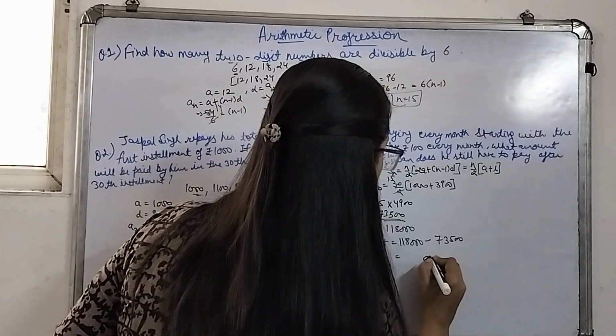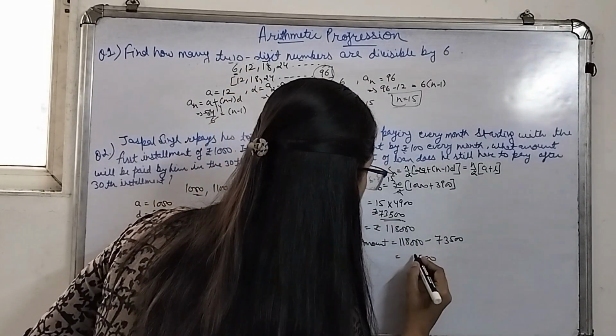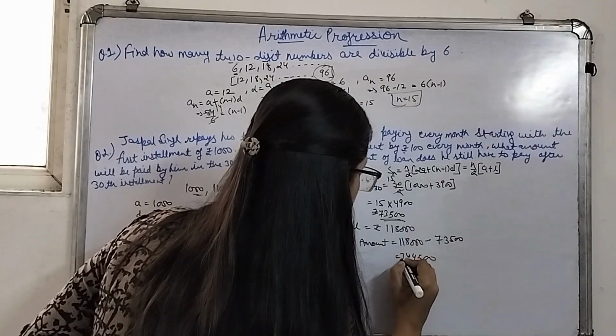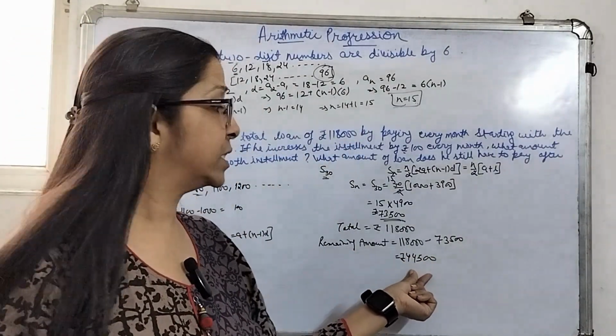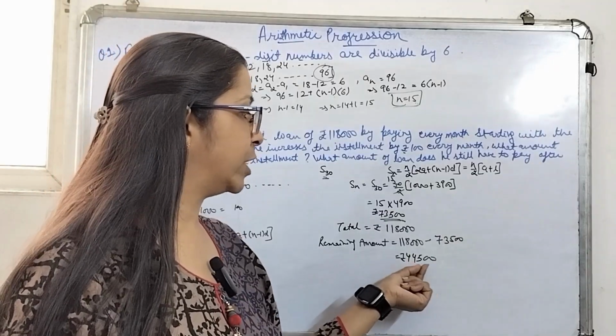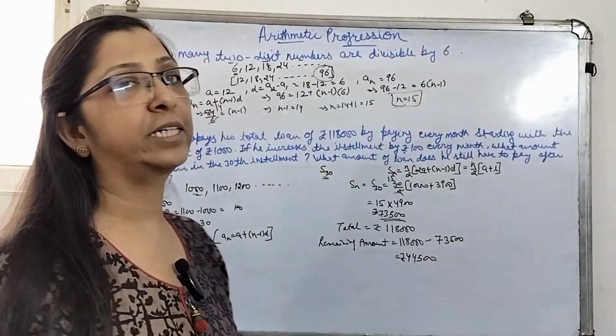That gives us 10 minus 5 is 5, 7 minus 3 is 4, so 44,500. This much amount is still remaining. That means he still needs to pay 44,500 rupees after paying 30 installments.